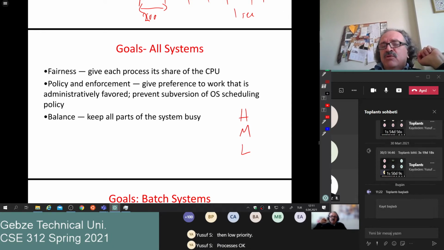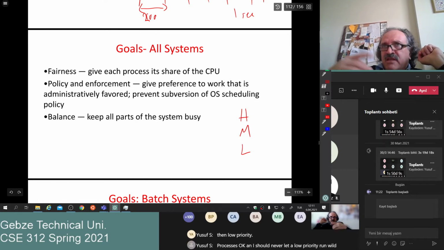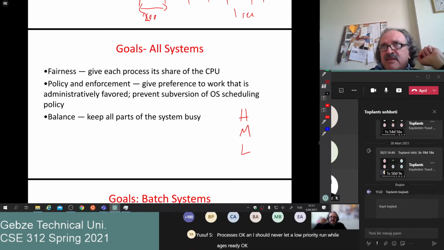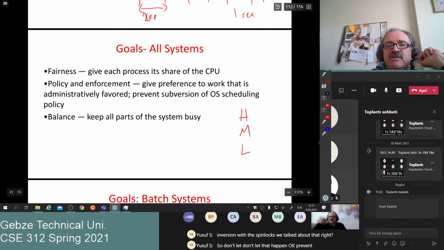And I should never let a low priority process run while a high priority one is ready, okay? And remember priority inversion with the spin locks, we talked about it, right? So don't let that happen, okay? Prevent subversion of the OS scheduling policy. Always keep your policy and be careful about this.